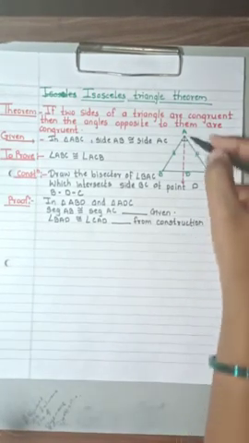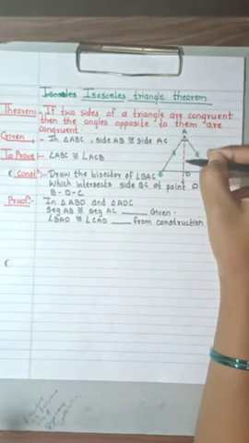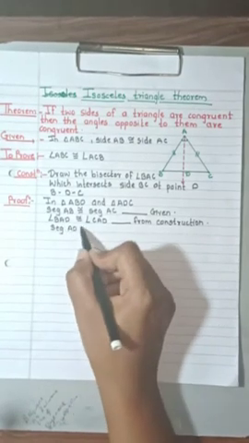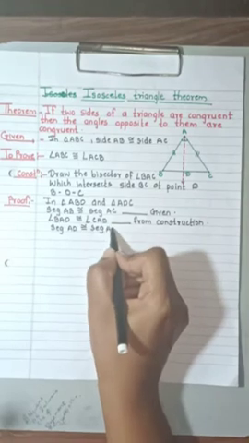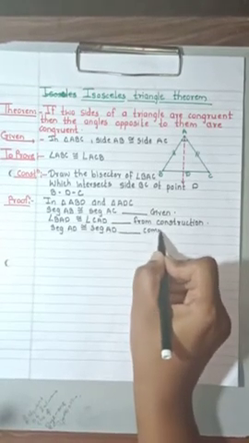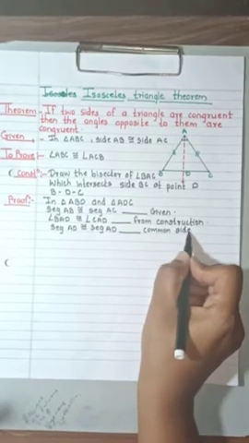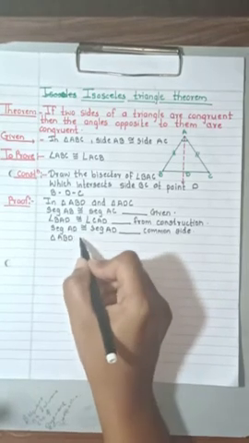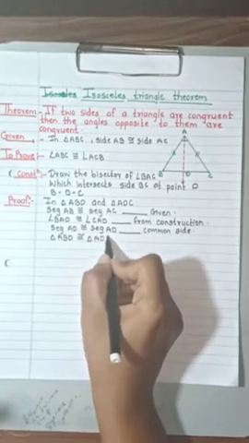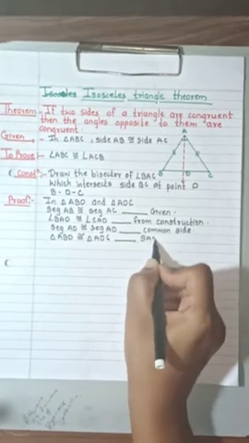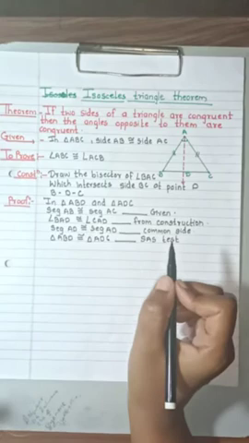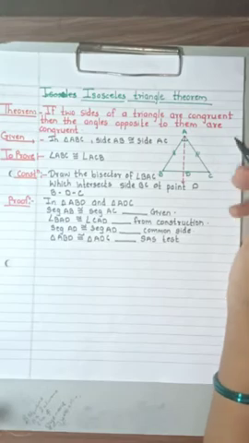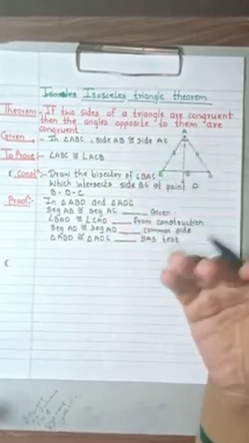Now you can say that seg AD is congruent to seg AD, as it is the common side in both the triangles. Therefore triangle ABD is congruent to triangle ADC by SAS test. Now children, you can see angle ABD is congruent to angle ACD as corresponding angles of congruent triangles.